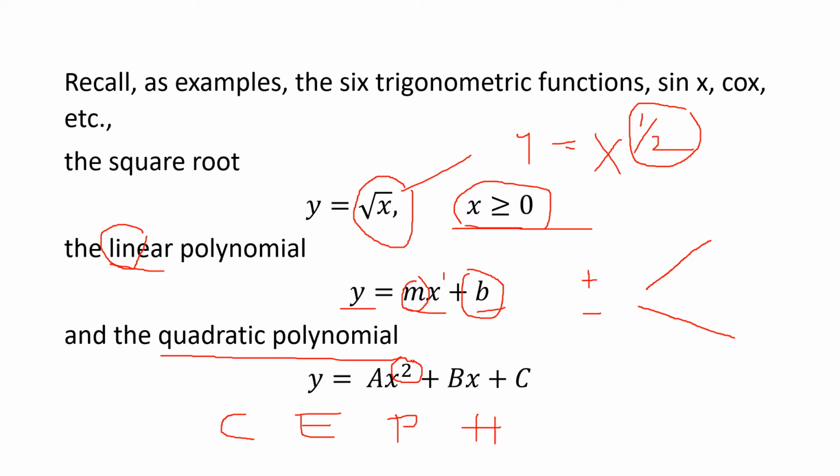There are still other curves that can be represented using a quadratic polynomial. So it is not limited to your circle, ellipse, parabola, and hyperbola, but these four are the most common.